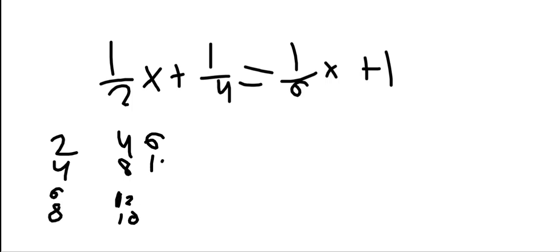So we can see that 2, 4, and 6 have a common number, which is 12, and it has the least common value that each of these numbers are able to divide by and get a whole number.